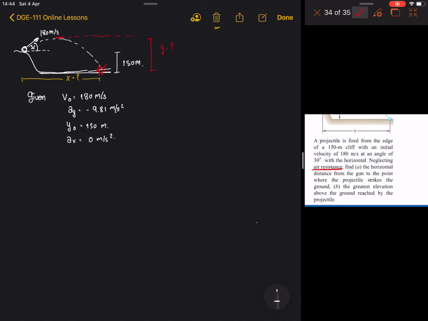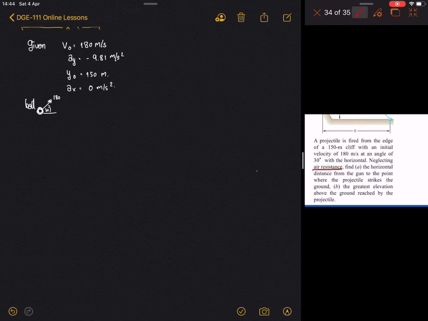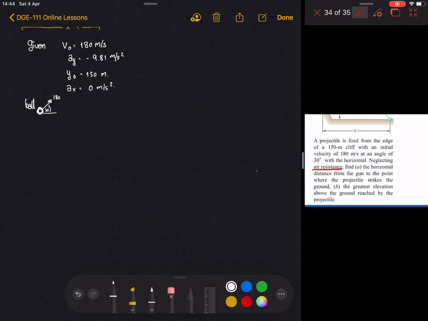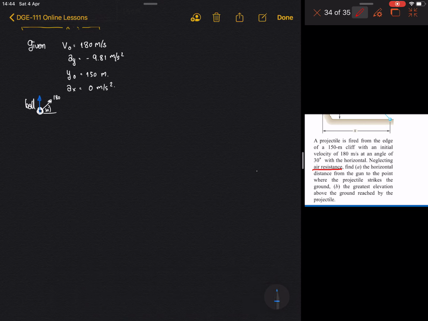Okay. So first, at the ball, or whatever it's shooting, you have this 30 degrees and 180. What you have to do first, same as the problem before for the statics, of course, you have to decompose these vectors into two axes here. So we will get vx0 and vy0.